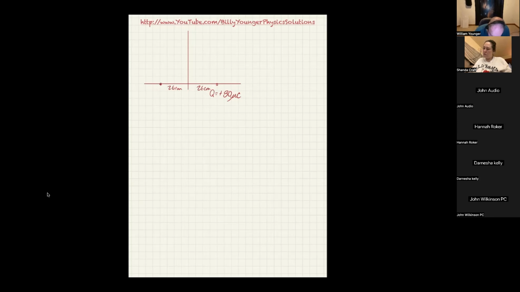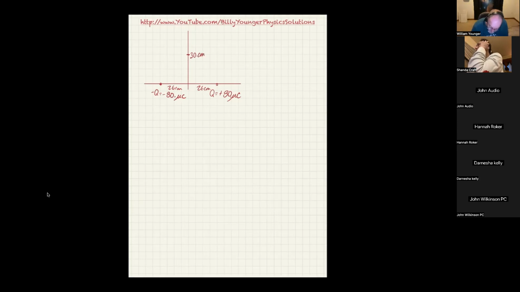And right here is a Q equal to negative 80 microcoulombs. And then I'm going to go up here and say that this distance right here is 30 centimeters, like that.